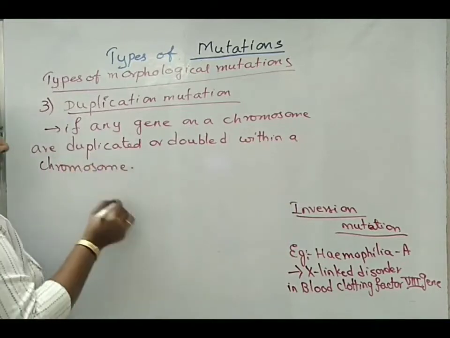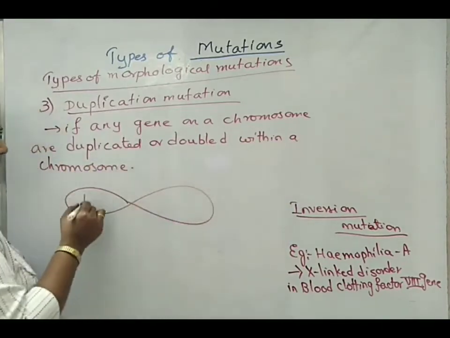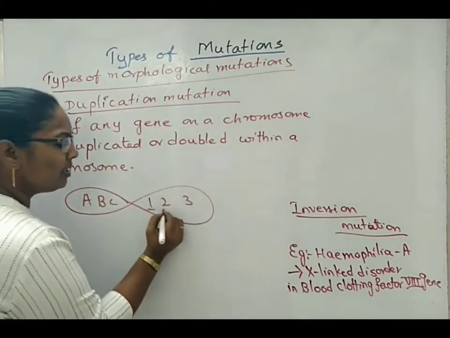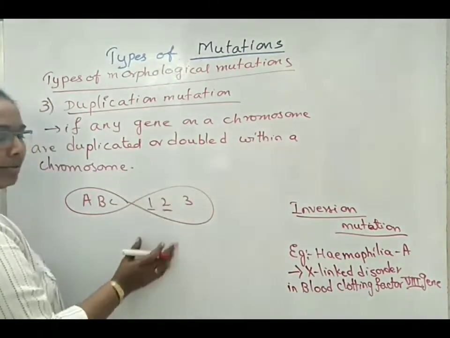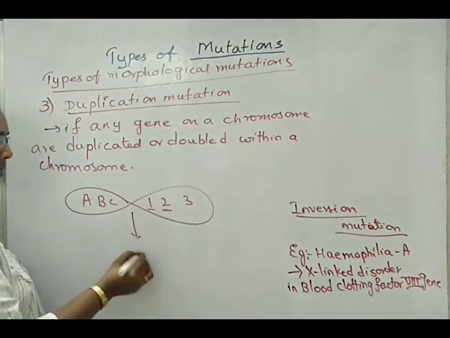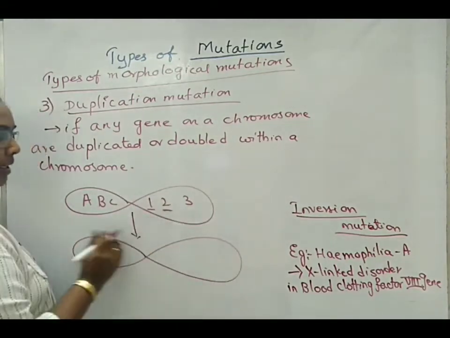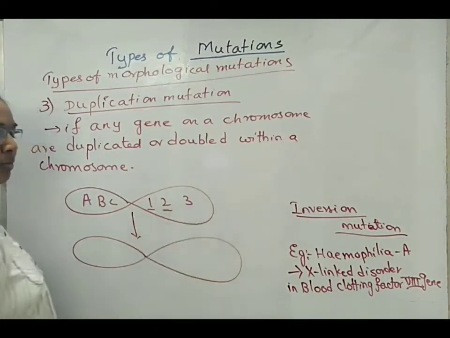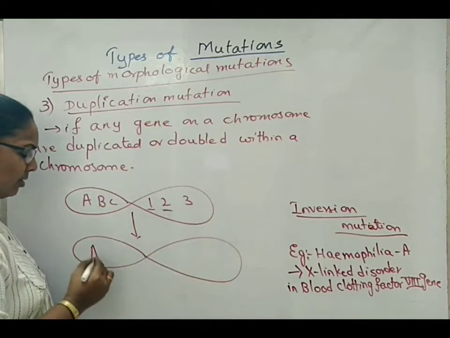Diagrammatically we can represent, again we will take the same types of genes. If the first gene, second gene which are present on different loci are doubled, then how is the chromosome going to change? Its morphological structure has to be changed and the size of the chromosome also has to be increased.